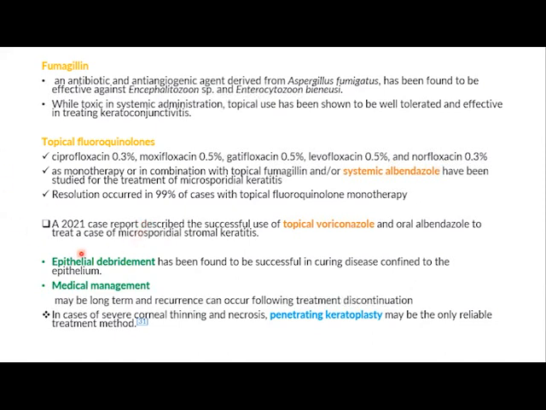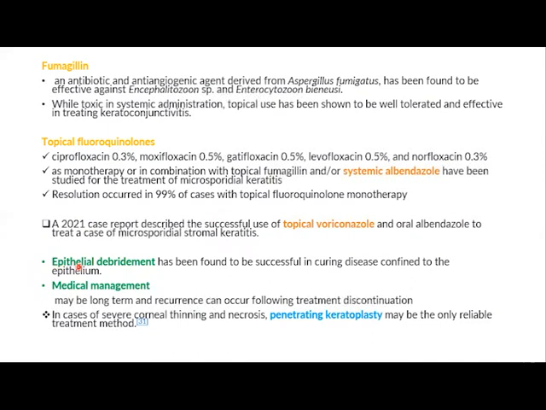It's from AJO, a study in 2021. A case report described successful use of topical voriconazole and oral albendazole to treat a case of microsporidial stromal keratitis.